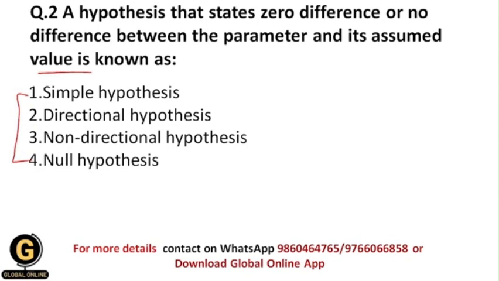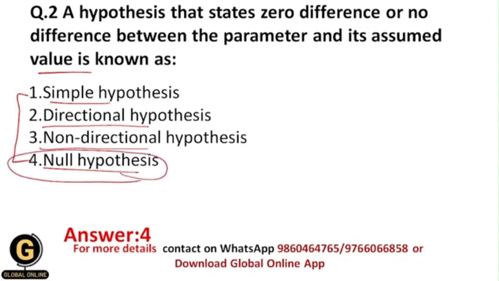Okay, so whether it is simple hypothesis, directional hypothesis, non-directional hypothesis, or null hypothesis. So obviously students, as we have seen earlier, it is called the null hypothesis. Okay, so within the null hypothesis we predict that there is no effect or there is zero difference between the variables under the study. Okay, and that's why your correct answer is 4, that is null hypothesis.